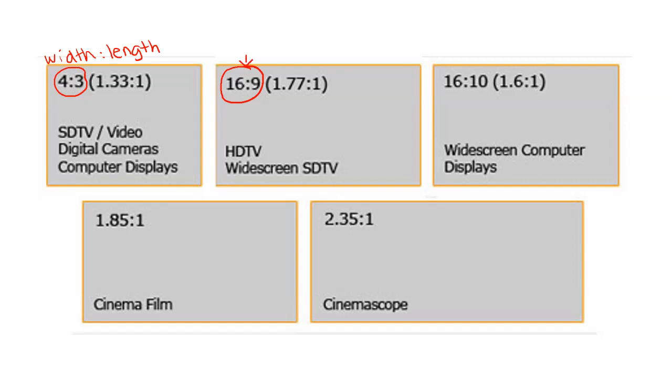It could be a 16:10 depending on the size of the computer, but usually they're set 16:9. If you're watching it on a digital camera, digital cameras are quite often 4:3. Your TV at home is probably a 16:9. And you can set your TV to show different ratios.